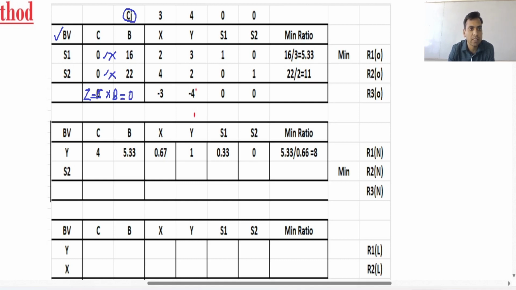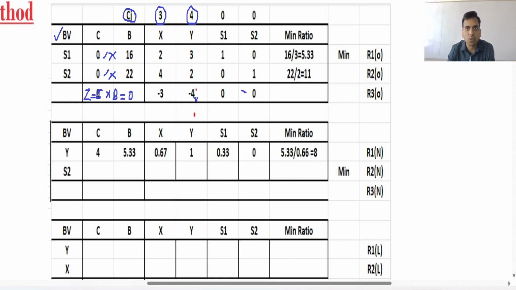So in the first case, z equals 0. Now we will write these numbers. If this is 3, then we will replace the sign, and now this is considered as minus 3, and this is 4, so we will write this as minus 4. This is 0, so 0. This means we will replace all the signs of the coefficients of the objective function for this row.